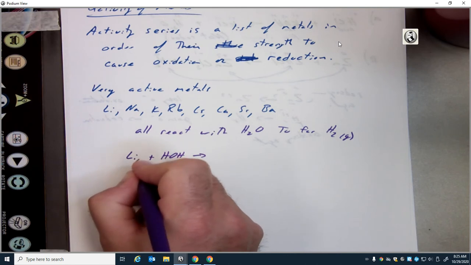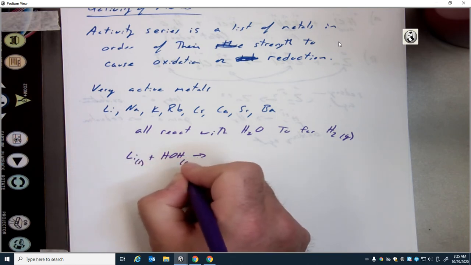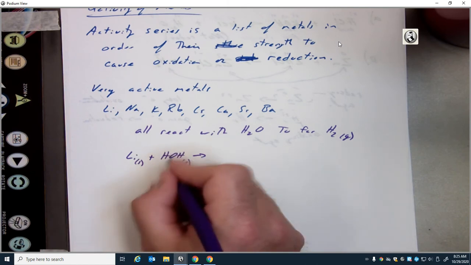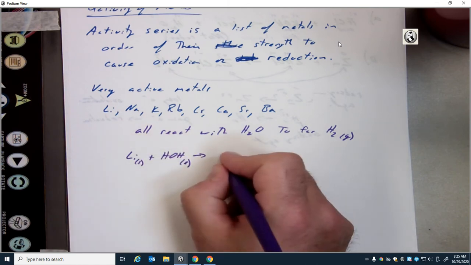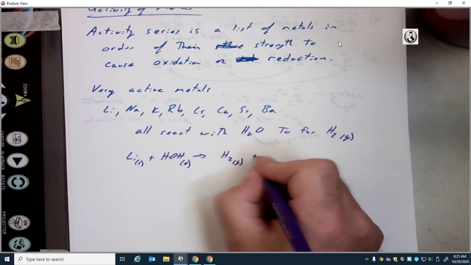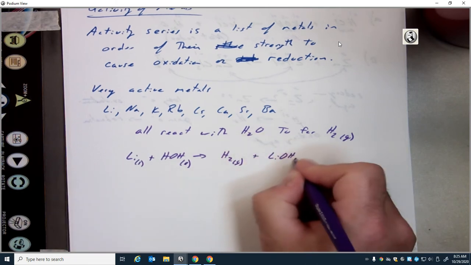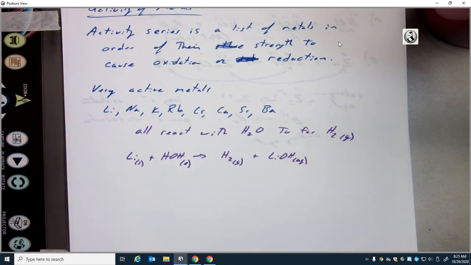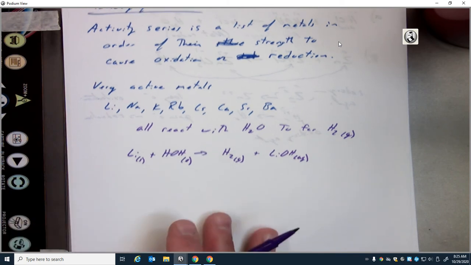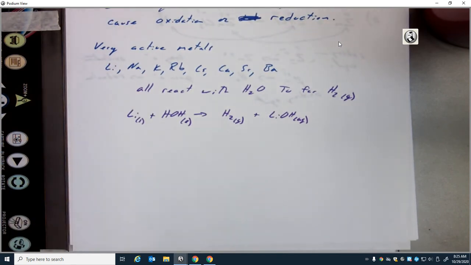Okay, so this is a solid, this is a liquid. They react, it's going to produce hydrogen gas. It's actually single replacement. So it's going to produce H2 gas. Right? And we'll also get LiOH aqueous. All of these guys are so reactive that this happens. Now, we have just what are called active metals also.